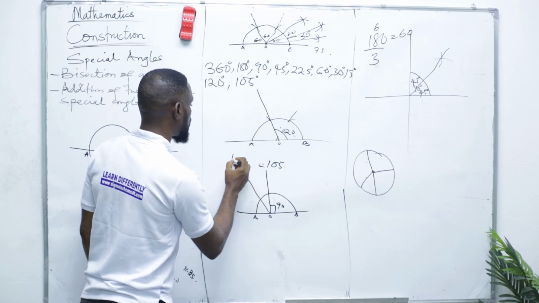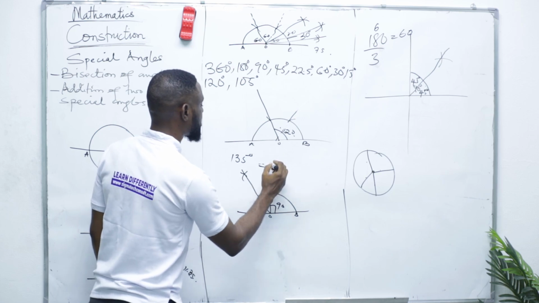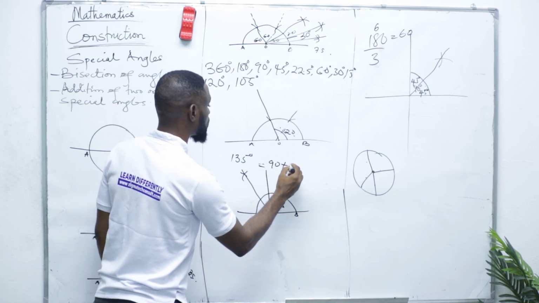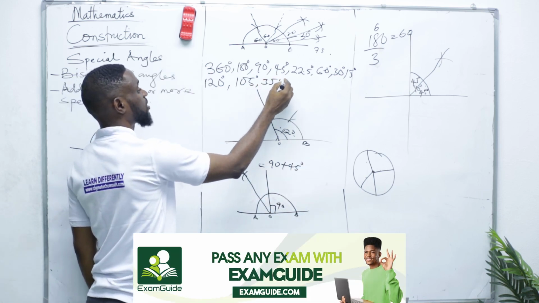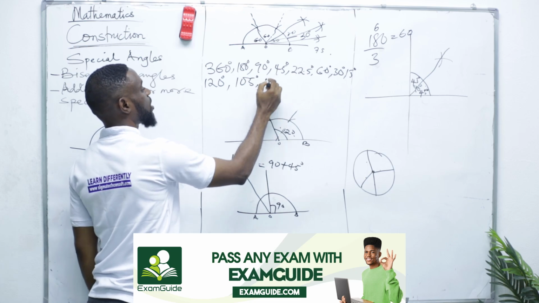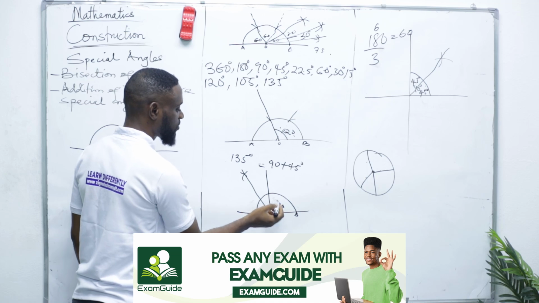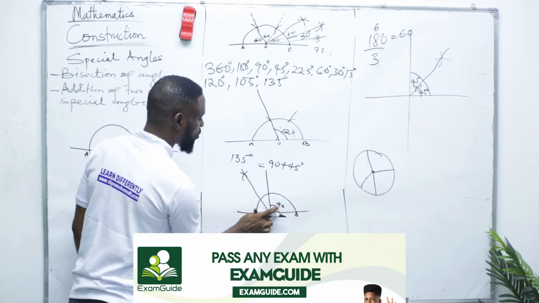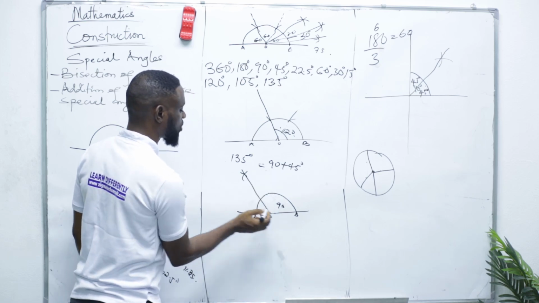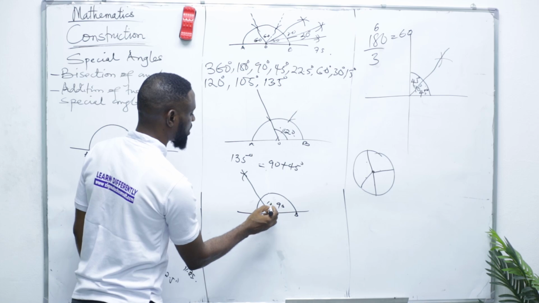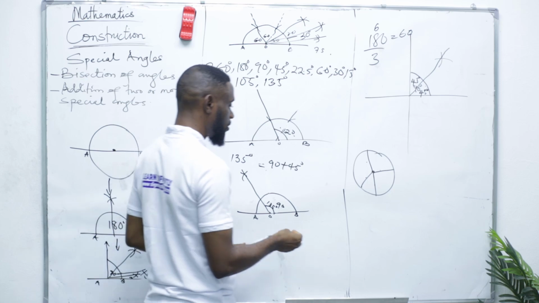Let's get 135 first. 135 degrees, we do 90 plus 45 degrees. So this is another special angle, 135 degrees. So this is 90 plus 45. 90 plus 45 here gives us 135 degrees. Is that okay now? All right.